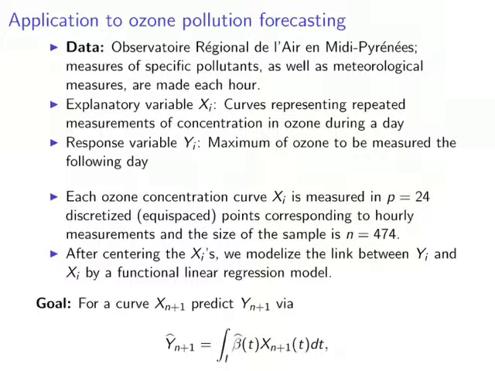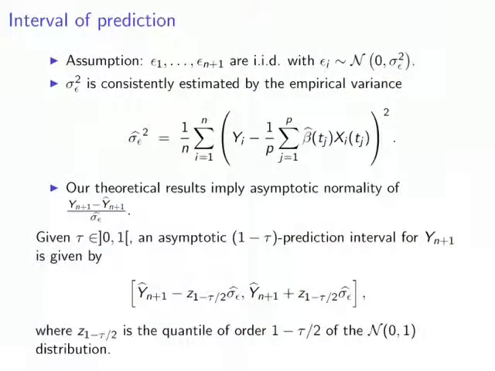The explanatory variable is a curve representing repeated measurements of ozone concentration during a day. The response variable is the maximum of ozone measured the following day. We modeled the link by a functional linear regression model, and we're now interested in prediction, also confidence bands for the prediction, which is not so difficult.